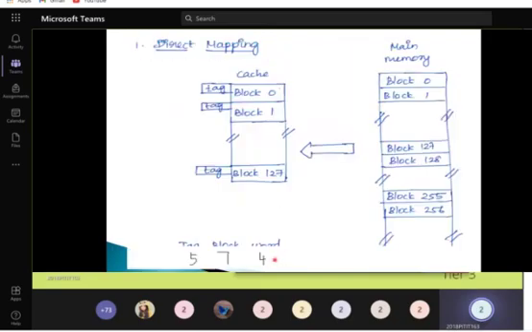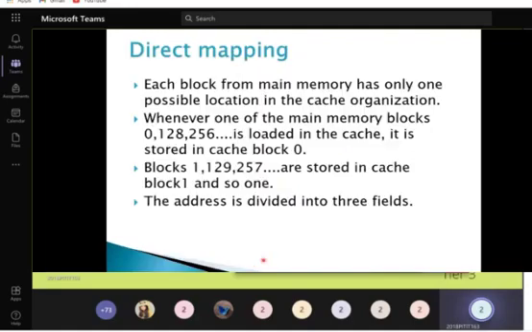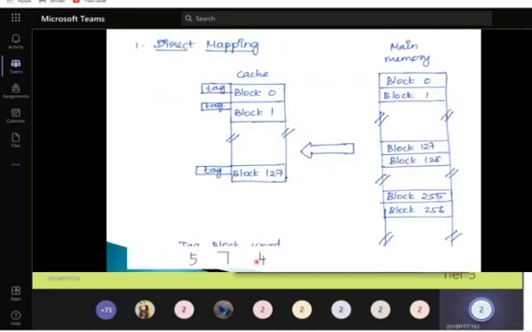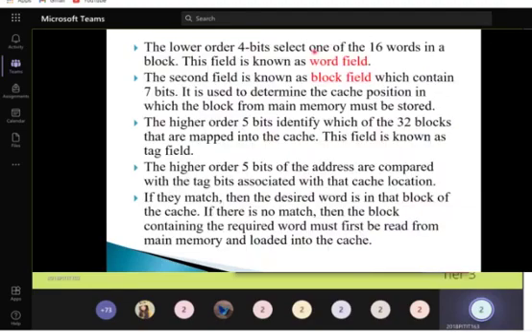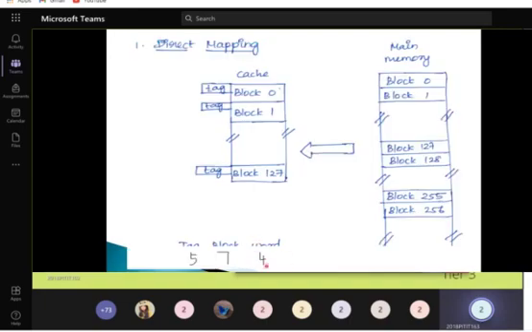This is the lower order field, which has how many bits? 4 bits. What will those 4 bits do? They will select one of the 16 words in the block. And which field am I talking about? The word field.